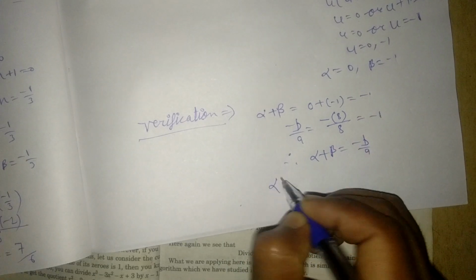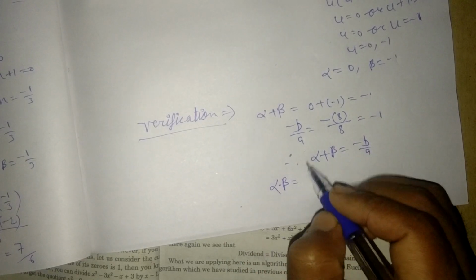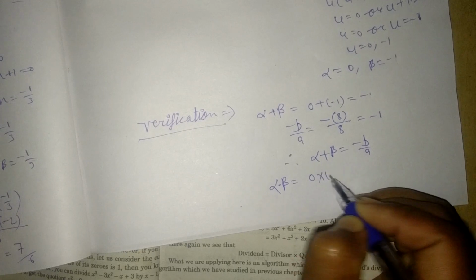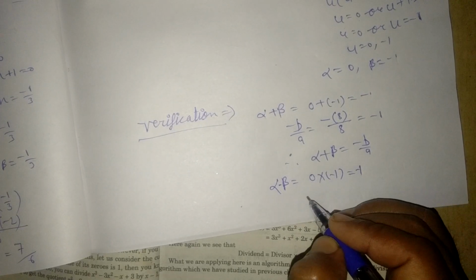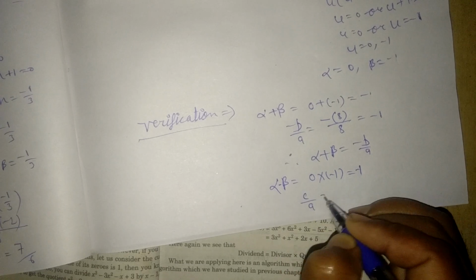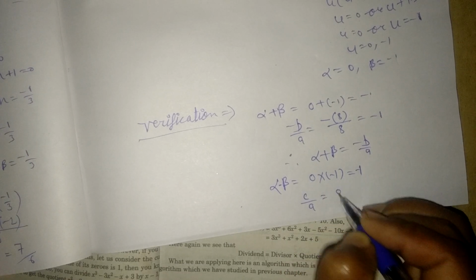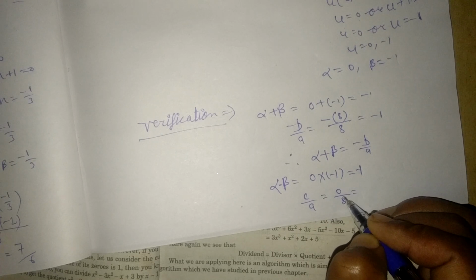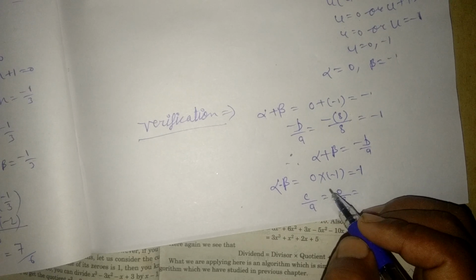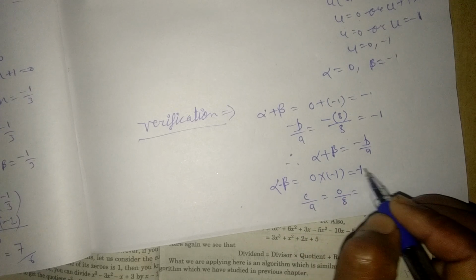Now our second condition is alpha into beta equal to, so 0 into minus 1 you will get 0. Also c upon a is equal to, the value of c is 0, upon 8, you will get 0.